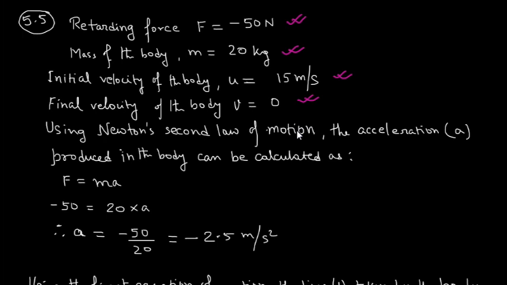Using Newton's second law of motion, the acceleration a produced in the body can be calculated as F is equal to ma. Putting the value of F is equal to minus 50, m is equal to 20, we can find the value of a as minus 50 upon 20. After cancelling, we get minus 2.5 meter per second square.